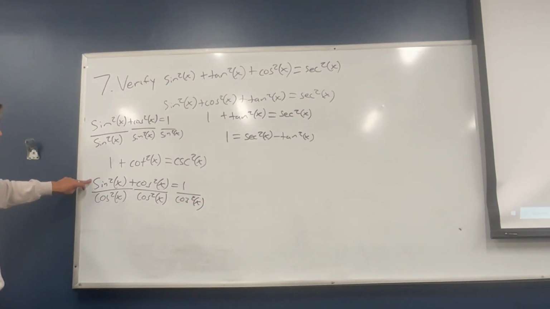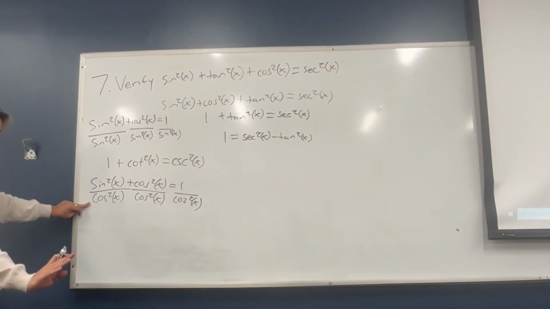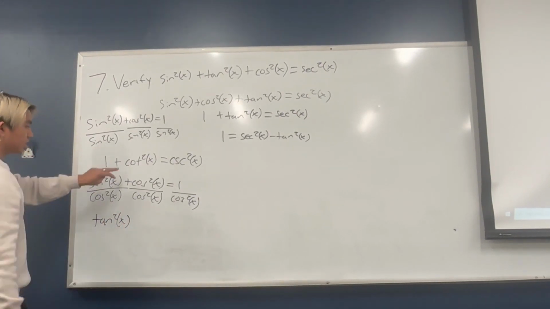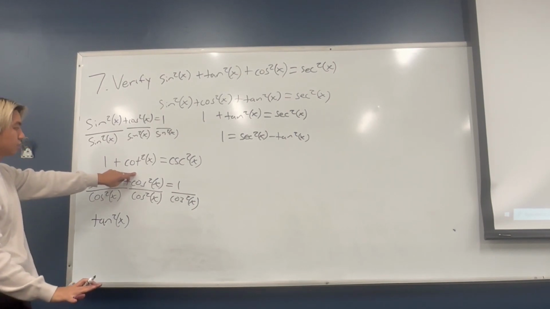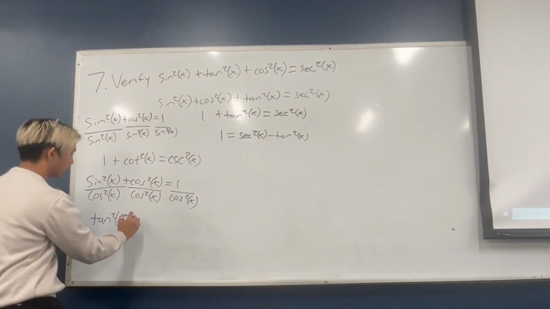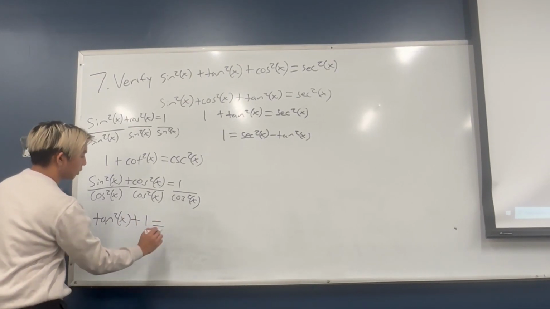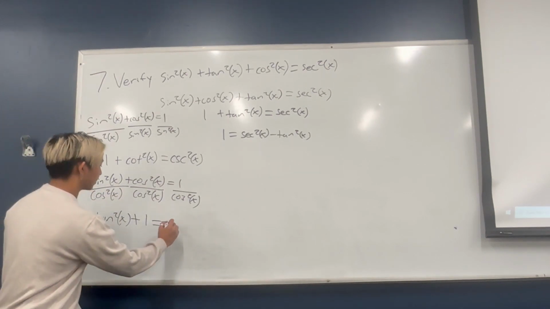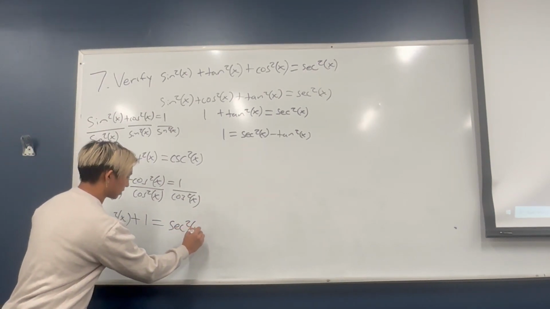So sine over cosine is what? Tangent, right? So this becomes tangent squared of x. And we have cosine squared of x over cosine squared of x, so these just cancel out and leave us with 1. So plus 1 equals what? 1 over cosine is what? Secant. So this becomes secant squared of x.